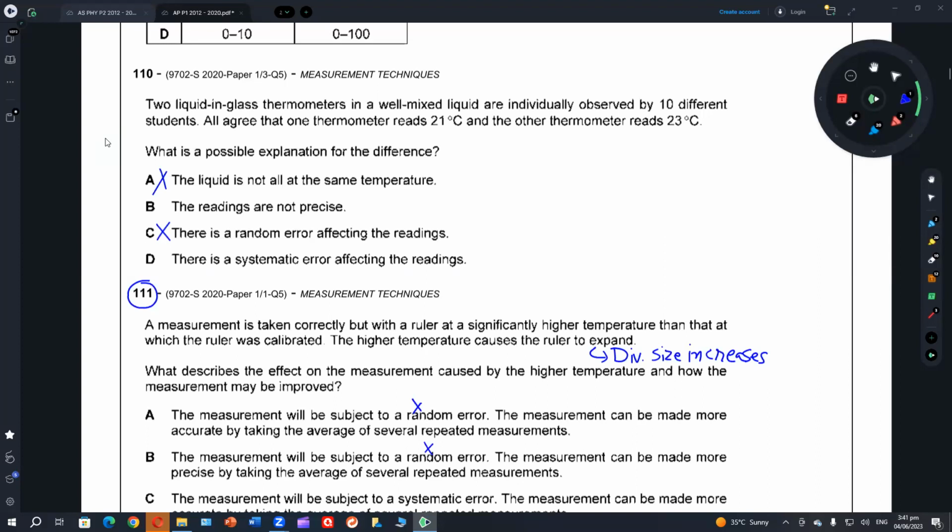You can simply say that at least one thermometer is faulty. So D will be the answer then. Hmm.